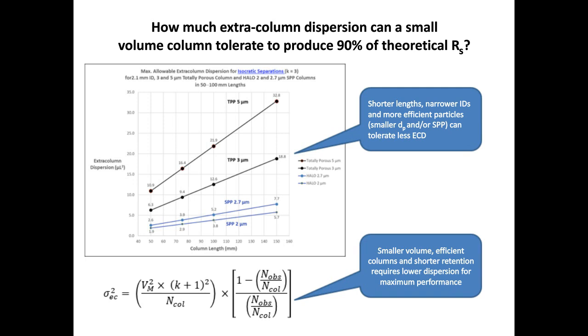And there's an equation you can use, and you can put in how much of your theoretical resolution or efficiency you want to maintain, and you can see that in the bottom part here, your sigma squared extra column is directly proportional to the column volume and to the amount of retention, the k value in isocratic mode, and inversely proportional to the theoretical plates on the column. So, columns that have smaller volume and have larger plates, that is more efficient, are going to tend to be able to tolerate less of your extra column dispersion.